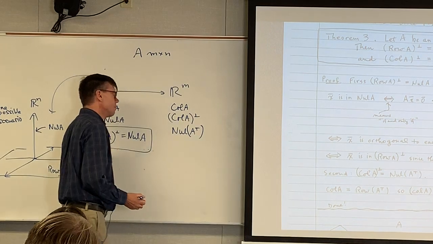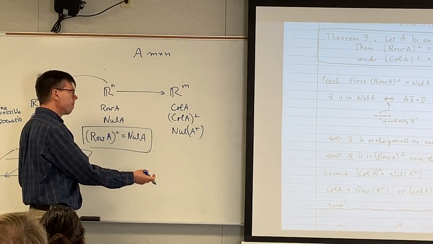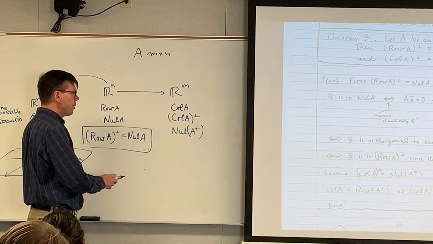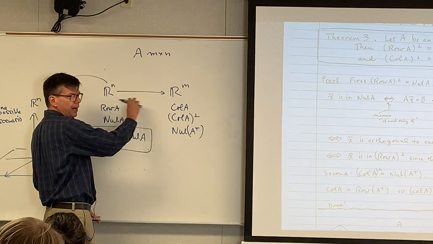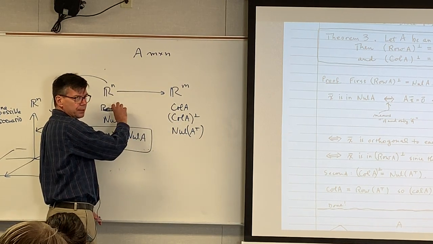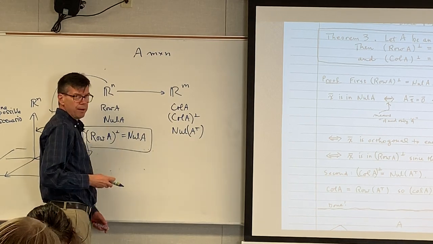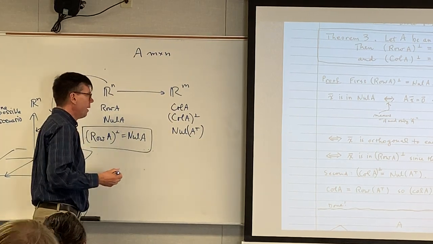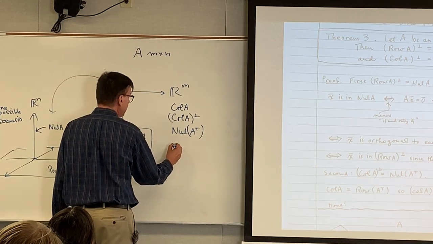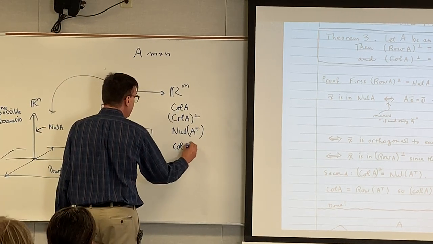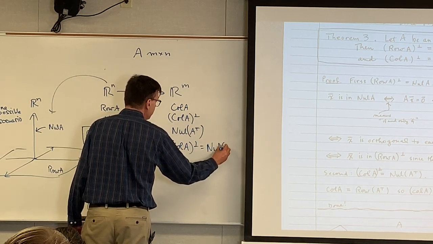Now, A transpose defines a linear transformation in the reverse direction. At least that's one way you can think of what's going on. So Rm is actually the domain of the linear transformation defined by A transpose. So again, what we're saying here is the column space of A perp is equal to the null space of A transpose.